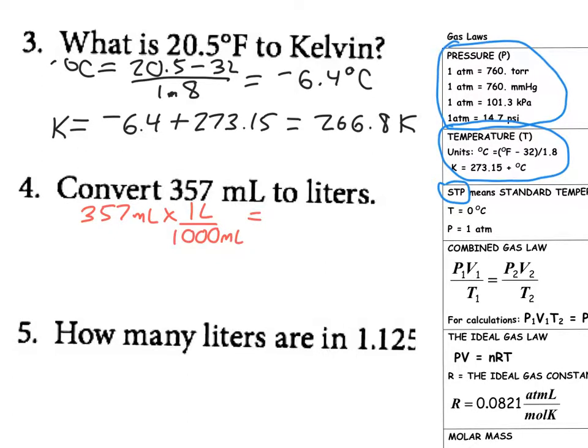Or simply, like we did back in Unit 1 or Unit 2, we just do the swoop, those 3 positions to the left, and that would give us the answer of 0.357 liters, from milliliters to liters. And just FYI, that's also centimeters cubed.